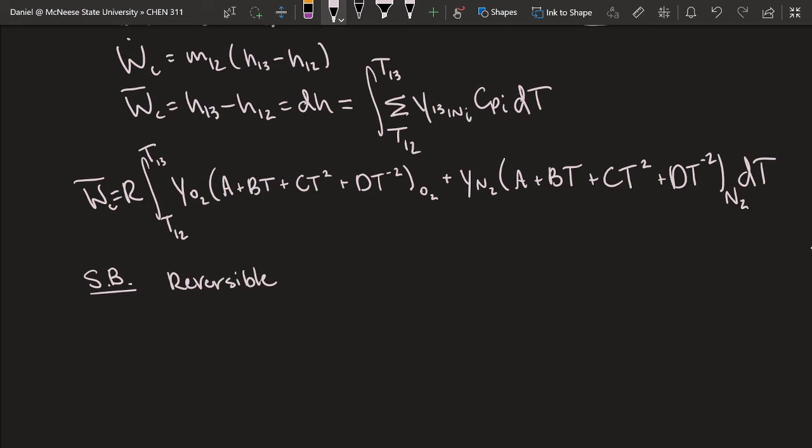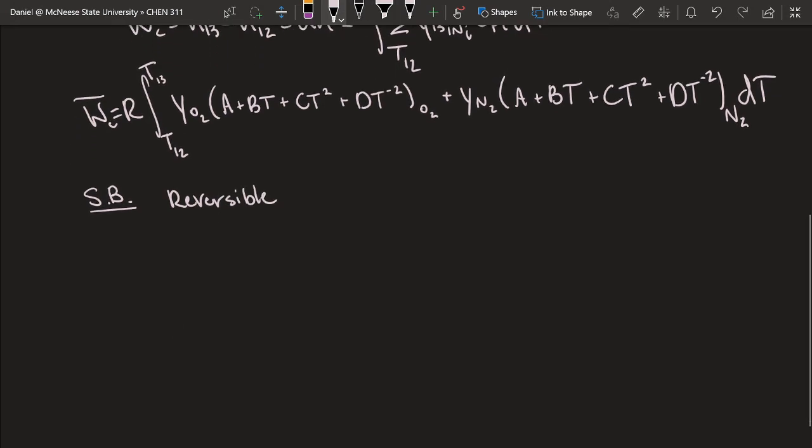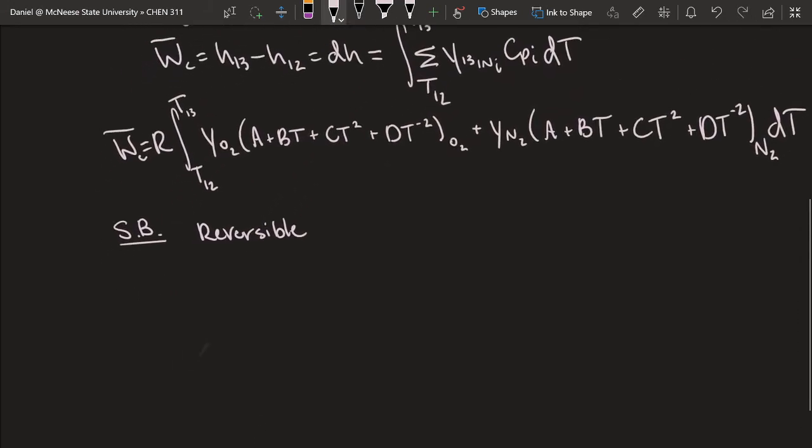Honestly, I think that's the only way that you can go about solving this, unless you do something more complex that I'm not even aware of. So we write it up. And I know I said irreversible at the beginning of the project, and then I realized that you can't do that for the Brayton cycle.